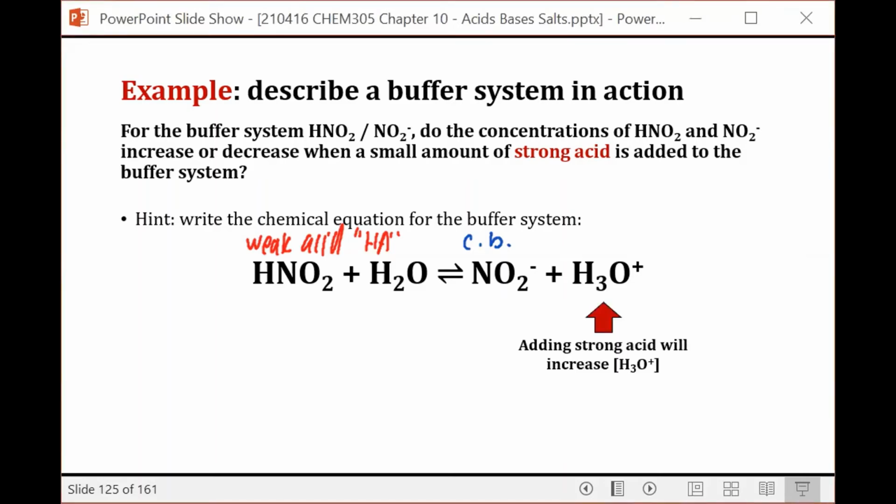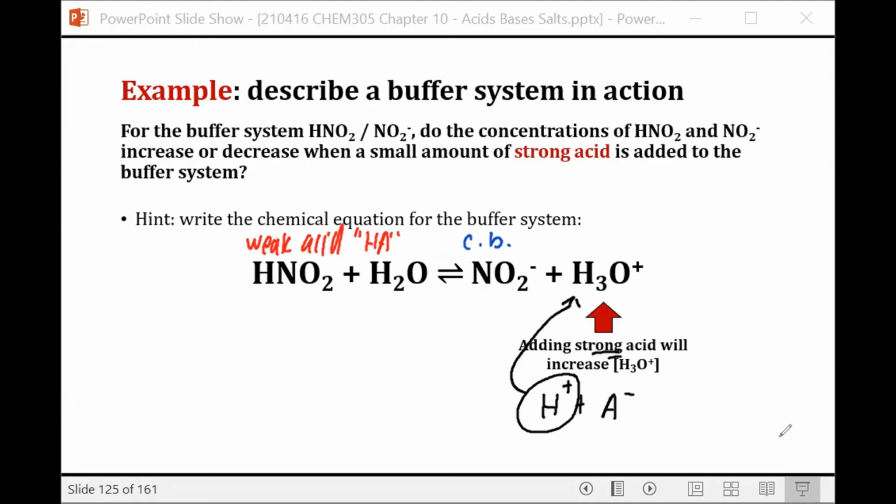So if we add more strong acid, it's going to increase the concentration of H3O plus. When you add a strong acid, it completely ionizes into H plus and A minus. And if you're generating more H plus, it's going to protonate water to make more H3O plus. So that's what adding a strong acid will do.